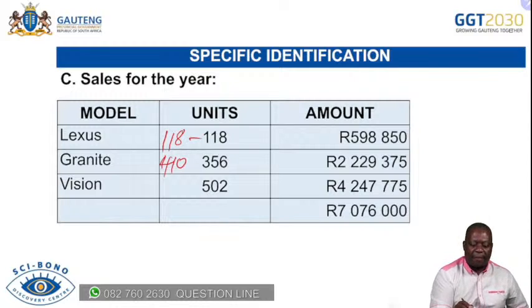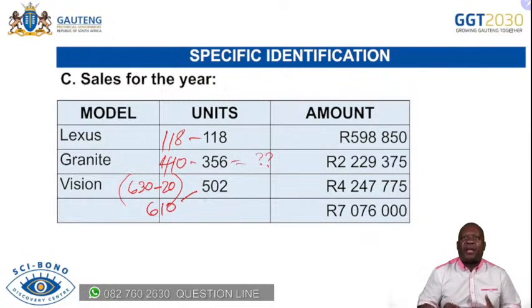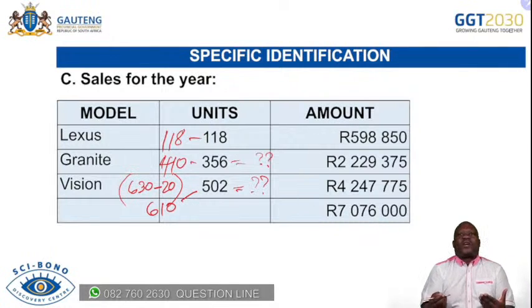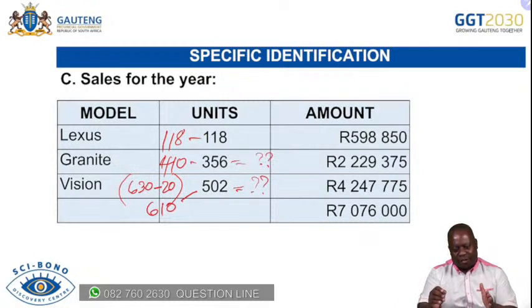And then here, remember we had 630 minus 20 which have been returned. And we were only left with 610. And out of the 610, only 502 have been sold. So how many are still there? We still have something. That's what you are trying to establish here, because that's how you drive towards your answer.